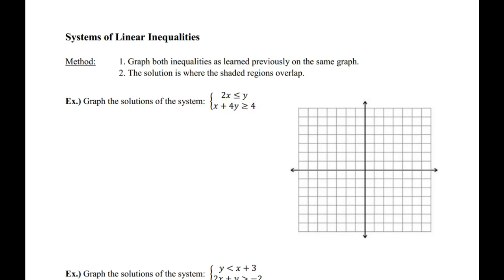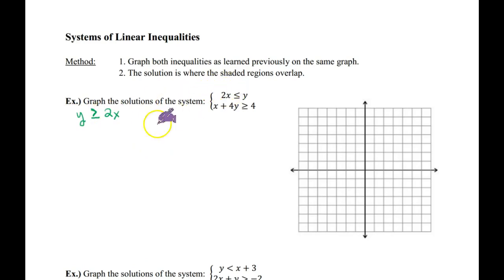Looking at this first example here, I can see that the y is isolated on one side. So if I took that whole inequality and I flipped it around, just changing the side that the y is on, 2x, but making sure that the inequality still faces the same direction as before, meaning the open side of this inequality is facing the y, the open side of the inequality is still facing the y.